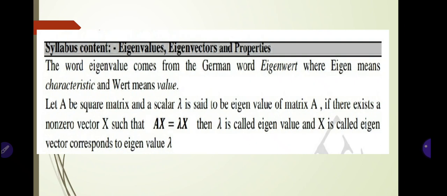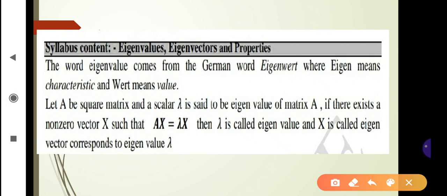Let A be a square matrix and lambda is said to be an eigenvalue of matrix A if there exists a non-zero vector capital X such that Ax becomes lambda x.